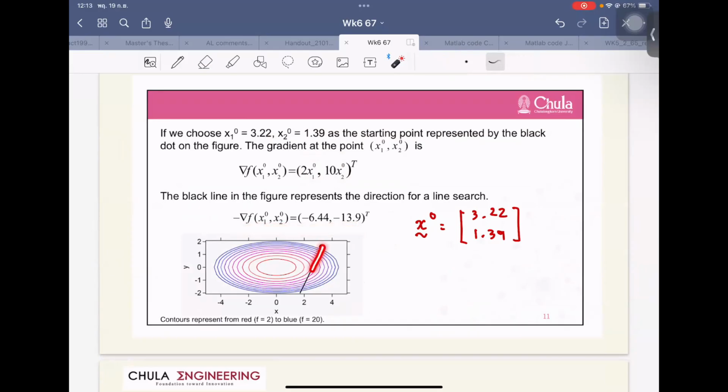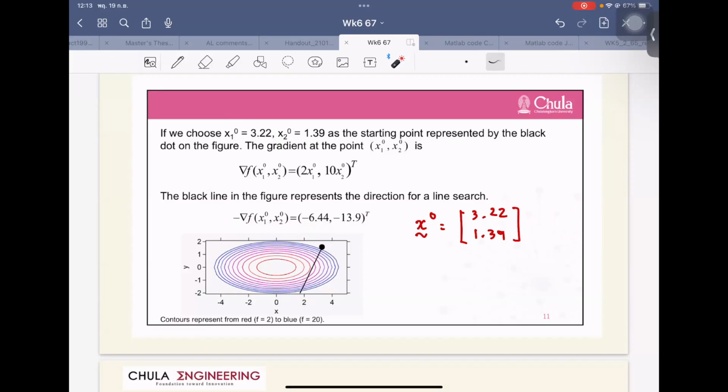Let's go this way: minus 6.4 in the x1 direction and minus 30 in the x2 direction. You go this way. This is the direction that you think is the steepest direction at your current point.